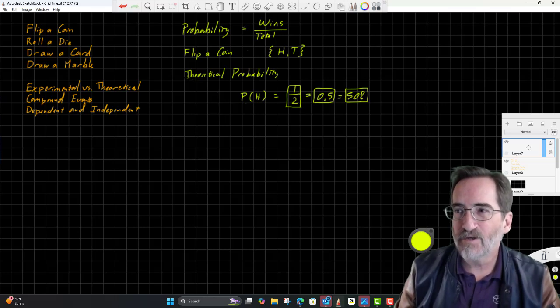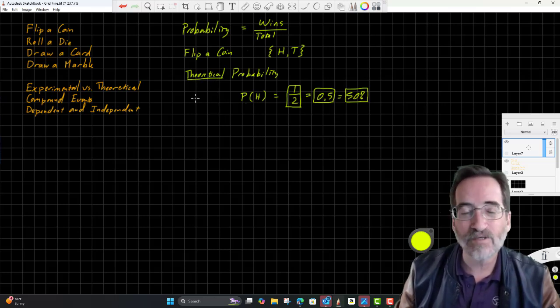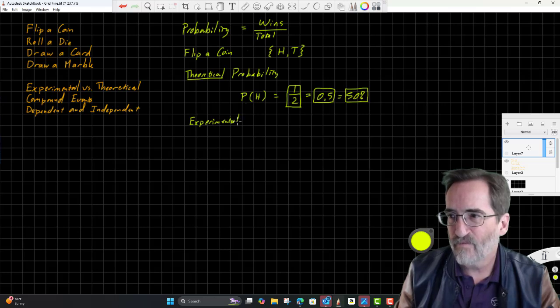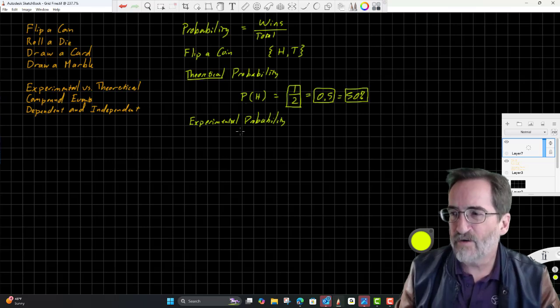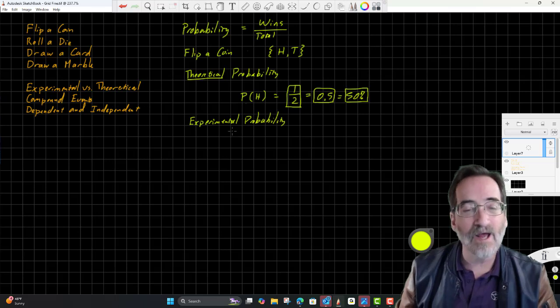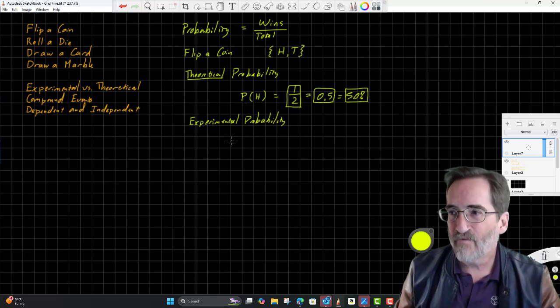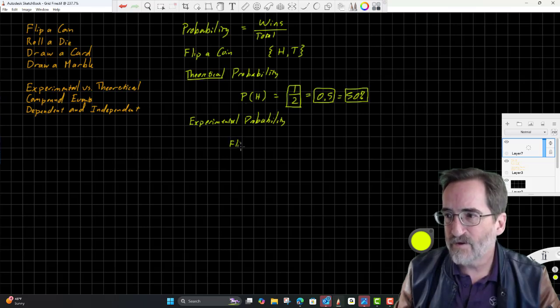Now, I mentioned that this is theoretical probability. This is what should happen. But there is a difference between a theoretical probability and experimental probability. Experimental probability says I actually take a coin and I start flipping it. And I flip a coin 100 times.